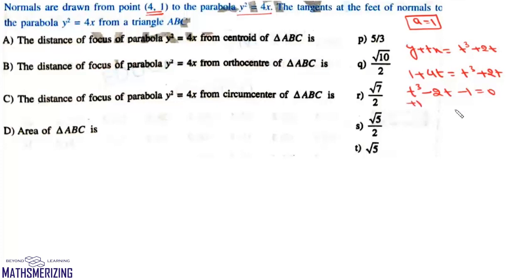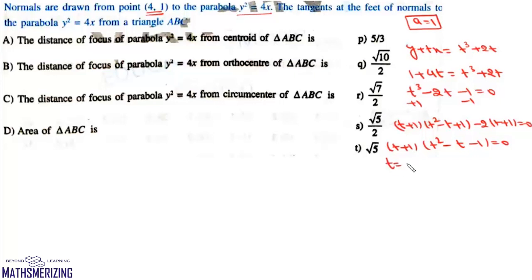Now we can add 1 and subtract 1, so we can write this as t cubed plus 1, which is (t plus 1)(t squared minus t plus 1), and then minus 2(t plus 1). So we can write this as (t plus 1)(t squared minus t minus 1) equals 0.